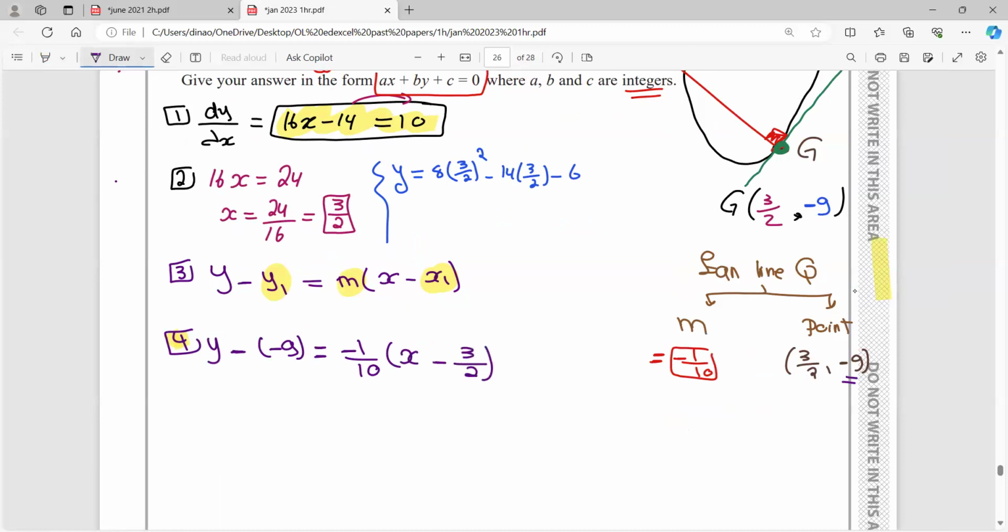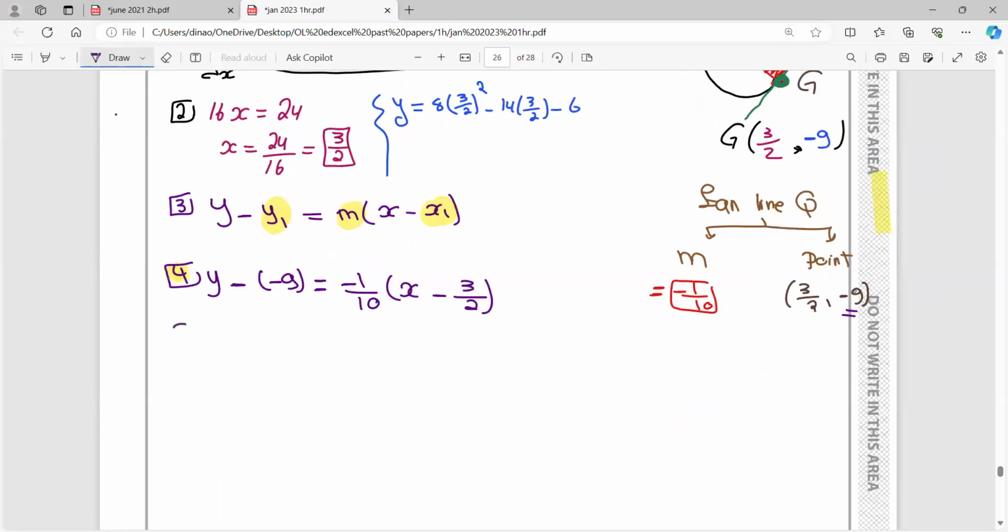I solved this in several ways, so from step 5 onwards everyone can continue as they like. y minus minus 9 changes into y plus 9 equals, expand: negative 1 times x over 10 is negative 1 over 10x, and negative 1 times negative 3 over 2 is positive 3 over 2.